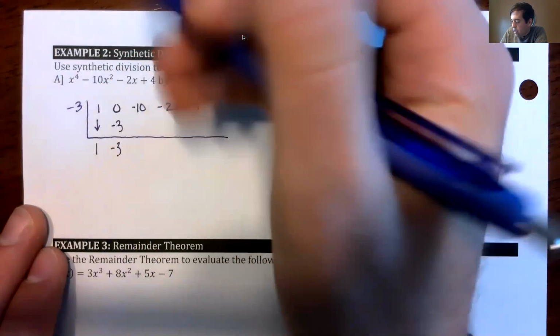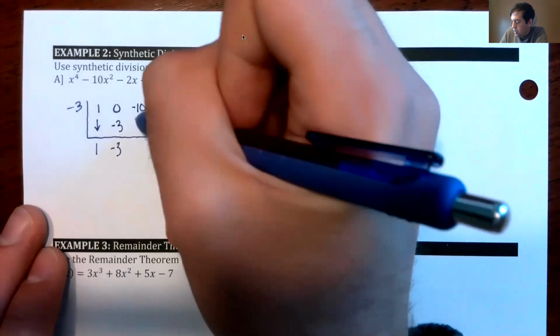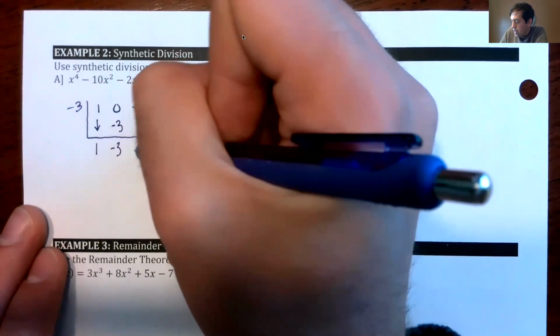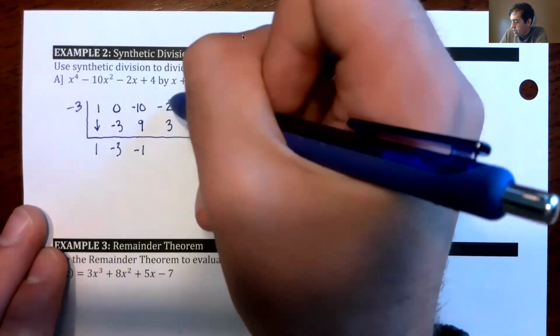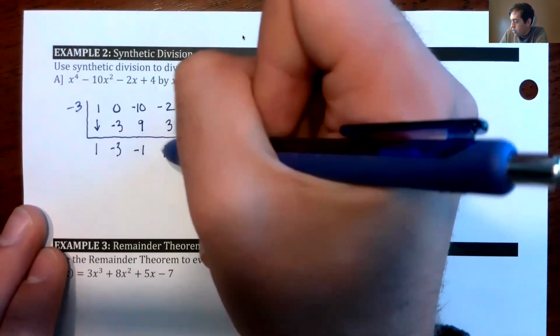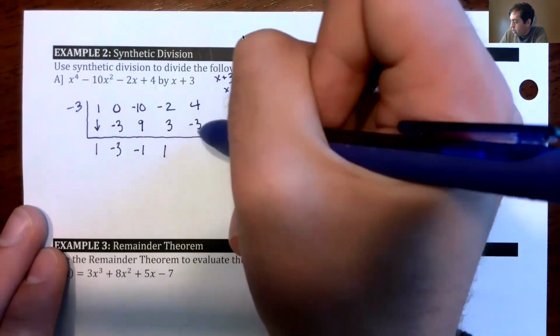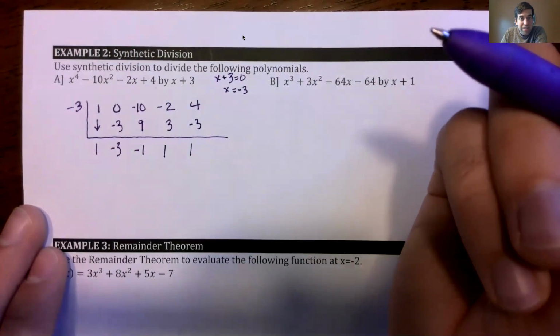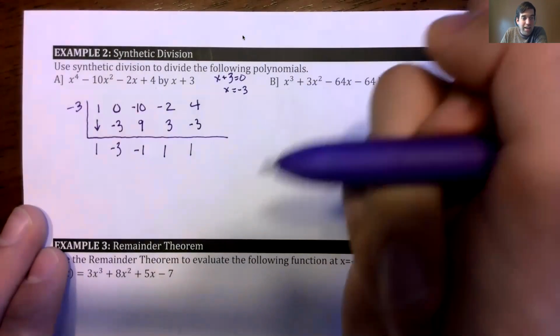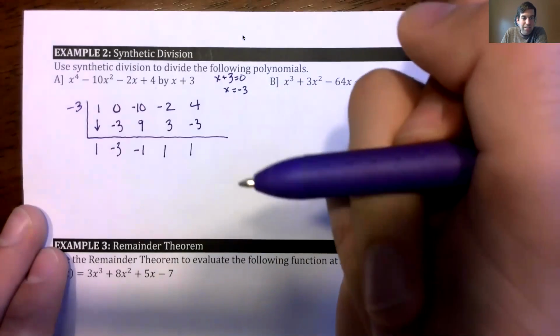We get -3. We do -3 times -3 is 9, and we add down. Then we do -1 times -3, that's 3, and we add down. Then we do 1 times -3 is -3, and we add down. Okay, so it's really just the same couple steps over and over. You multiply and you add, and you multiply and you add, okay?